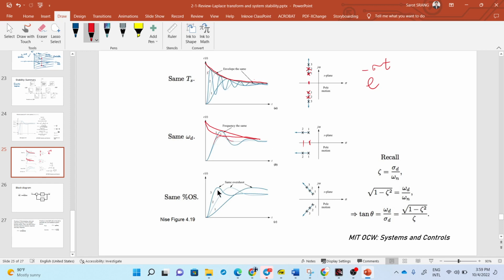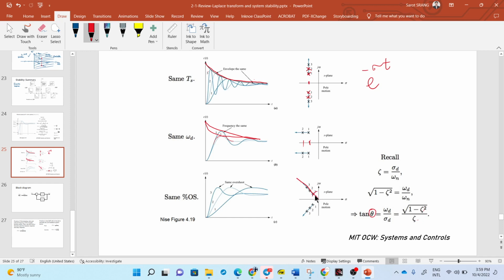How about this one? If the location of the poles in case 2 and 3 is arranged like a line from 0 to here, with the angle theta, well, as long as the arrangement is along the ray like this, it means theta is fixed, right?